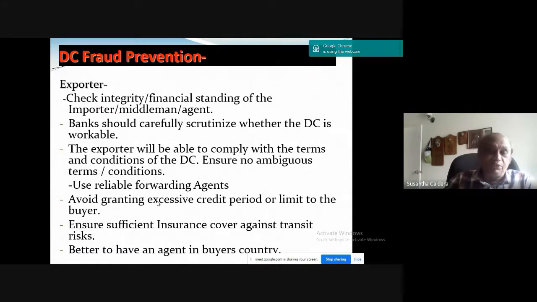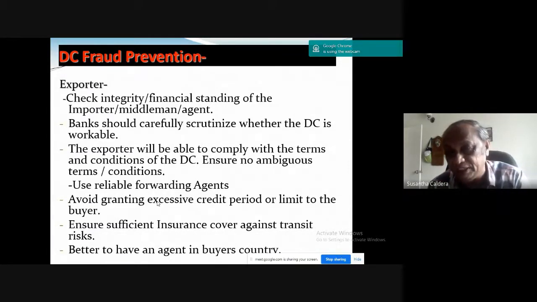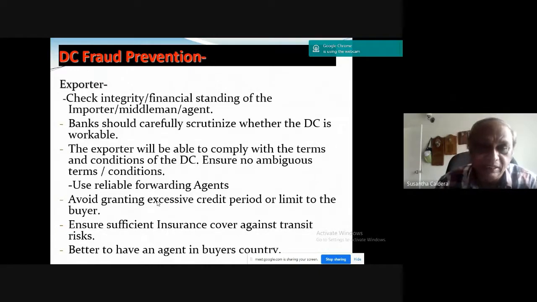The exporter will be able to comply with the terms and conditions of the DC. Ensure no ambiguous terms and conditions. Use reliable forwarding agents. This one, use reliable forwarding agents.